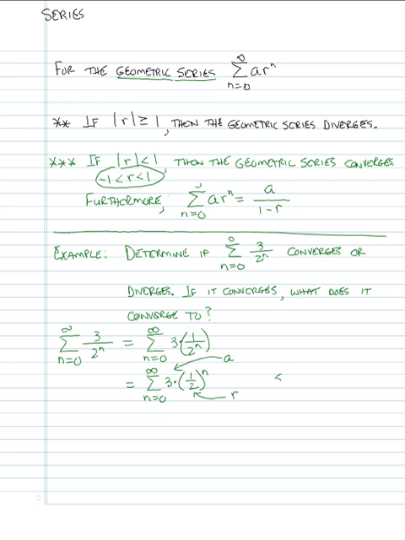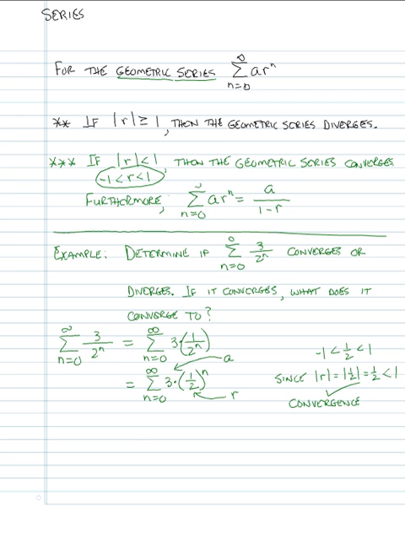And so since the absolute value of r, which is the absolute value of 1/2, is equal to 1/2 and less than 1, then we're a go. We have convergence. Another way to look at it is our r value is between -1 and +1.